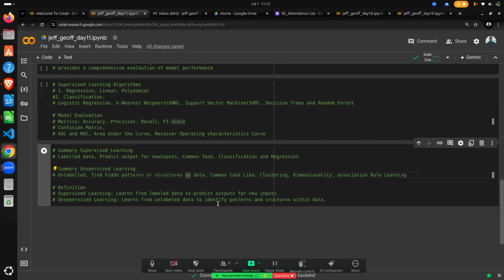You see why I reserve clustering is that clustering, we use it for segmentation, like k-means clustering.